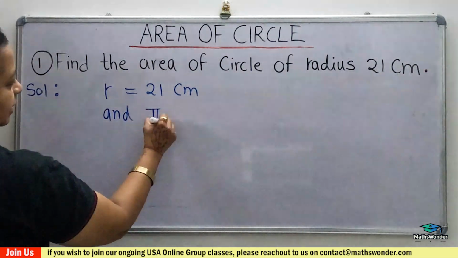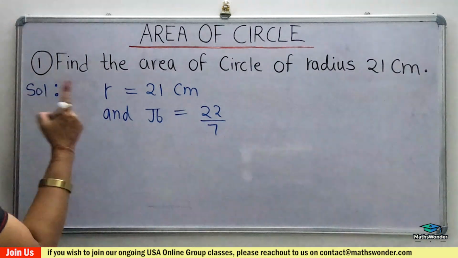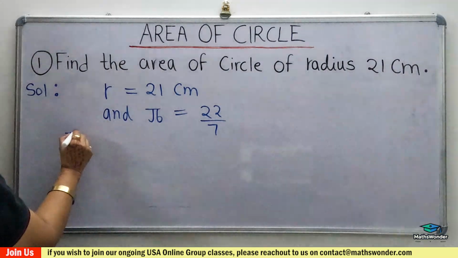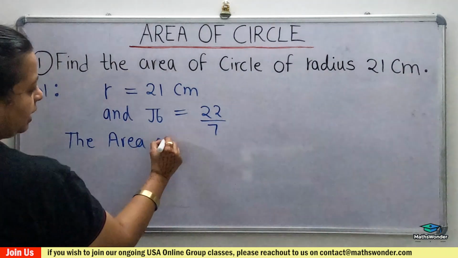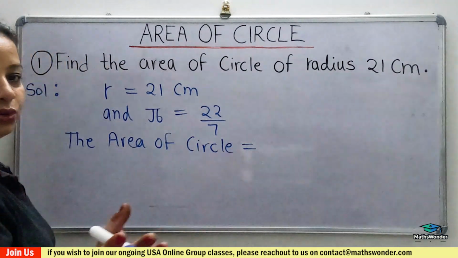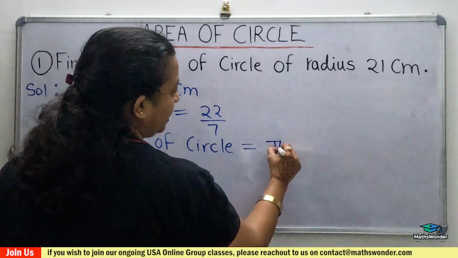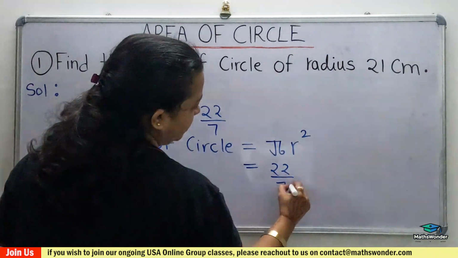Yes, and pi, you can take it as 22/7, because it's easy to solve. The area of a circle, as you know, the formula is pi r square. Pi is 22/7.